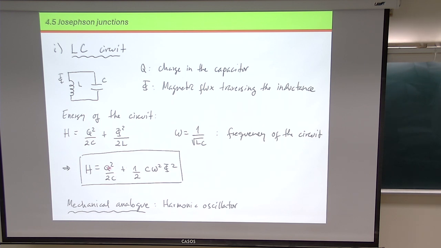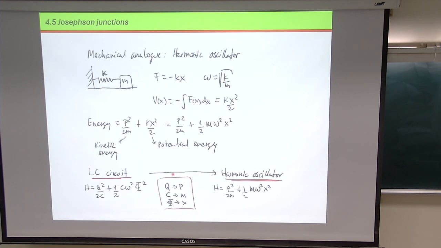If you say that Q is the momentum and C is the mass, you will have P squared over 2M plus 1/2 the mass M omega squared, and then phi plays the role of the position. So Q is quantized and phi is also quantized. They are the analog of the harmonic oscillator in which Q plays the role of momentum and phi the role of position.